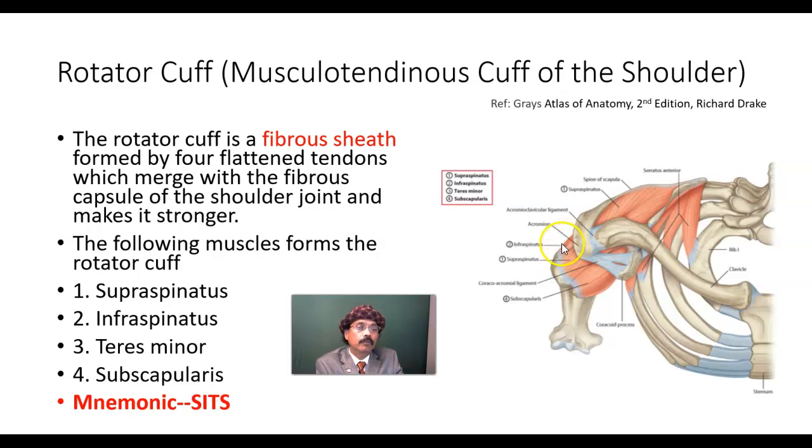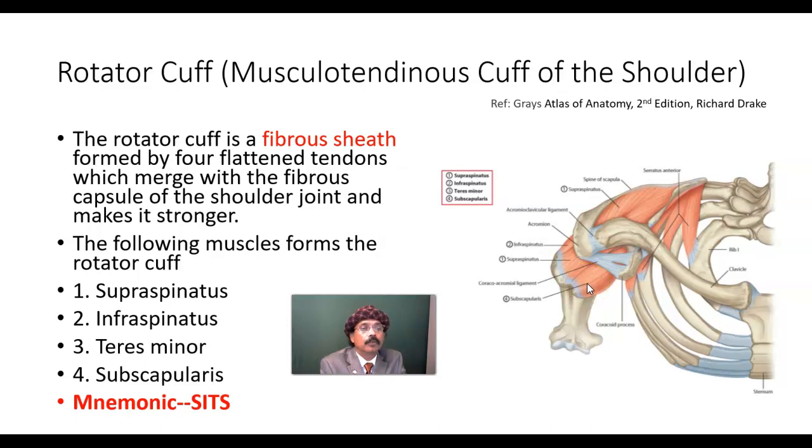So we have four tendons, one from the supraspinatus, another from the infraspinatus, another from the teres minor, and the last one is the subscapularis muscle.